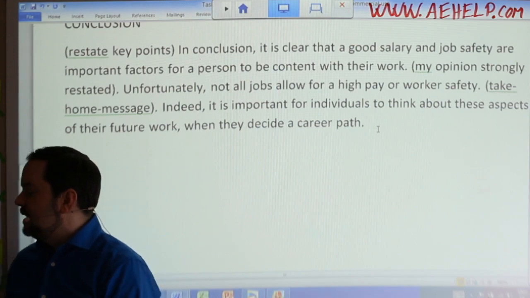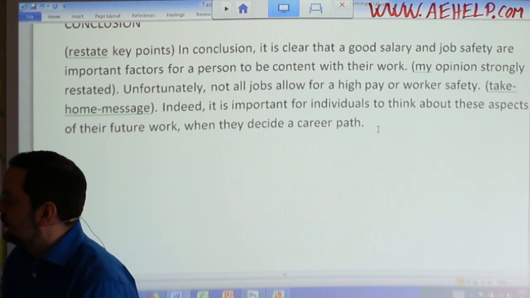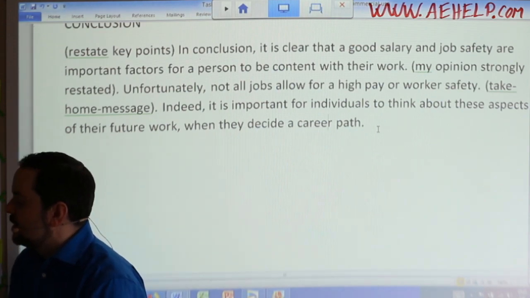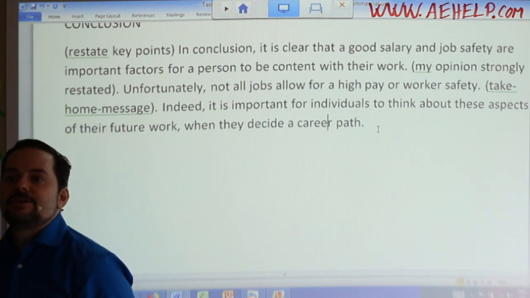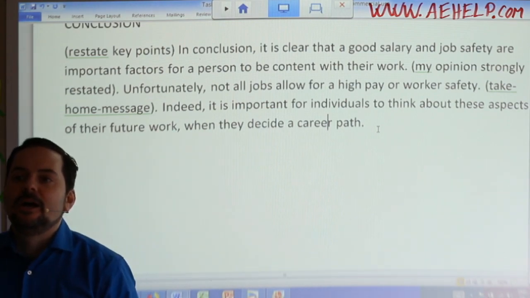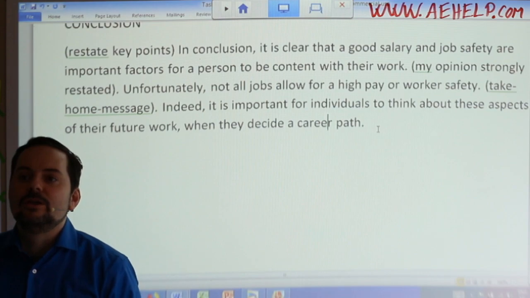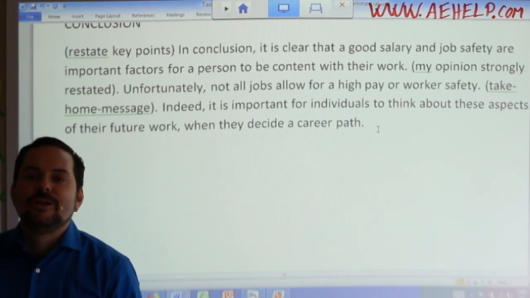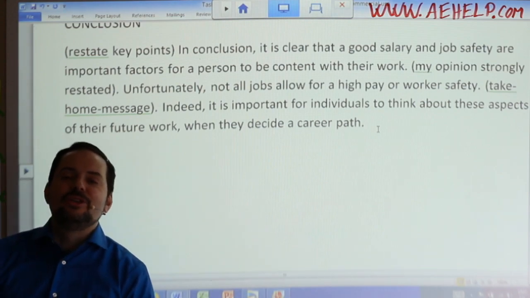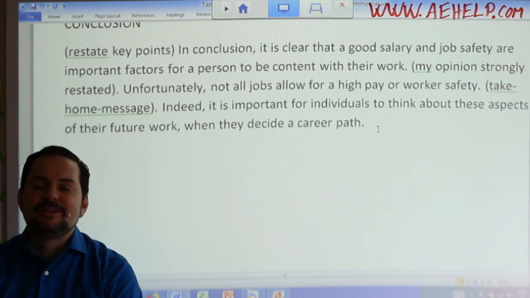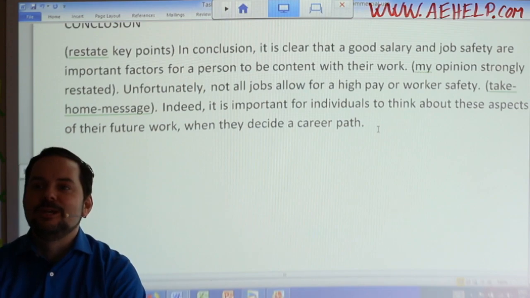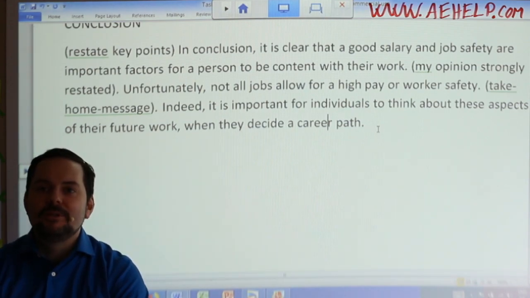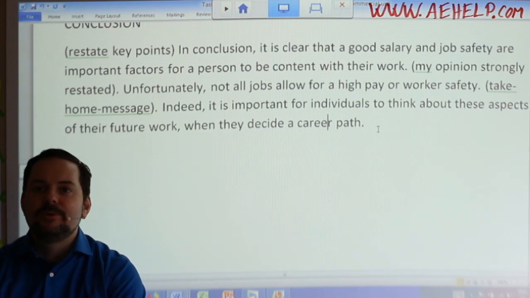Okay, so indeed, it is important for individuals to think about these aspects of their future work when they decide a career path. So simply do what you love to do and you will always be happy. That could be a good take-home message as well. Absolutely, Waleed. Again, remember, you don't have to make it complicated. Just make it simple and effective.